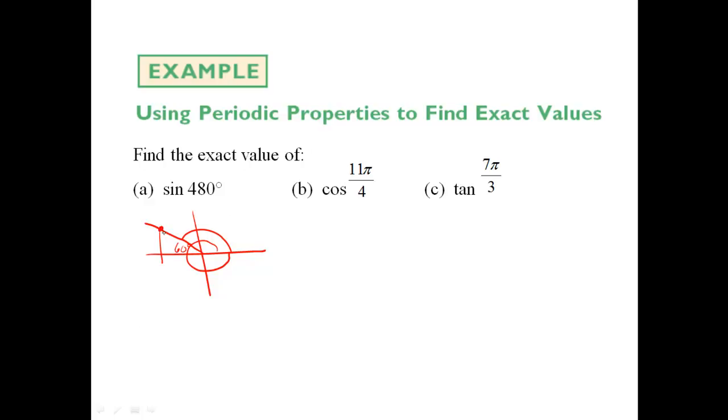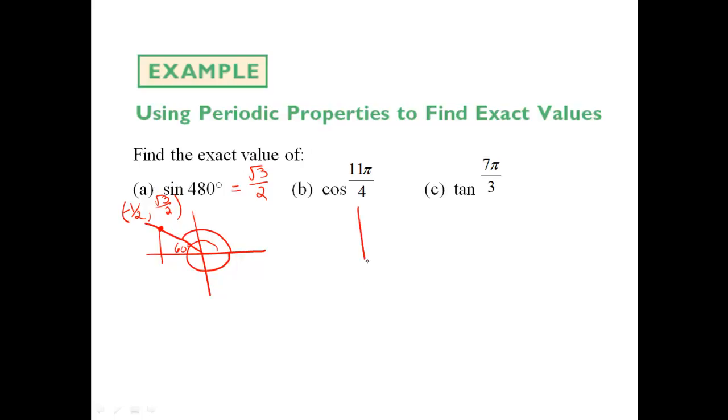What I'm trying to get is where am I on that unit circle and what are the ordered pairs? So I'm at a 60-degree angle in the second quadrant. The y is going to be the bigger value, so I've got the square root of 3 over 2 as the y value and 1/2 as the x, and the x is negative in the second quadrant. I want the sine, so it's square root of 3 over 2.